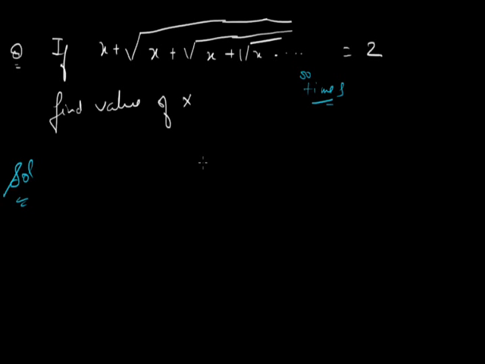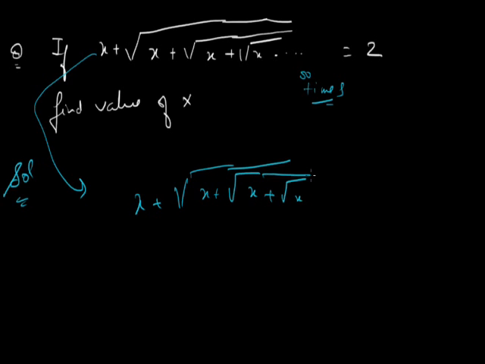So, if I take this quantity, x plus under root of x plus under root of x and so on is 2, and take the square root on both sides, these quantities become root 2.